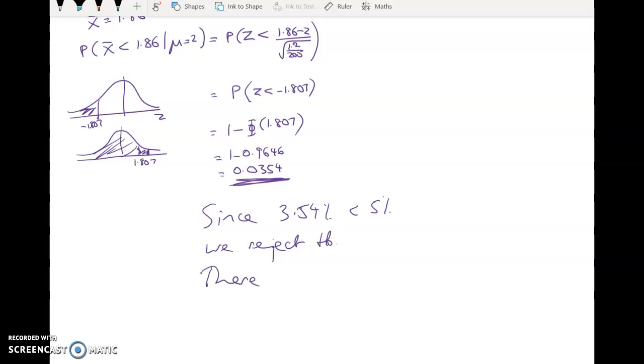There is enough evidence. I'll just say this instead of writing it down, guys. So there is enough evidence to conclude that the mean of the spinner is below 2 and that the spinner is biased downwards.